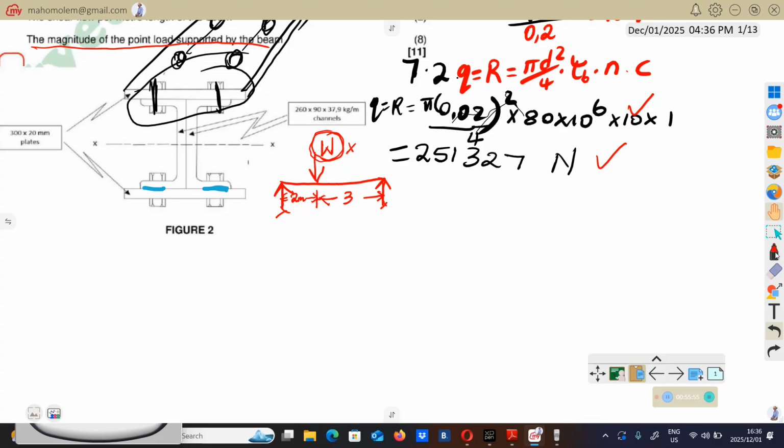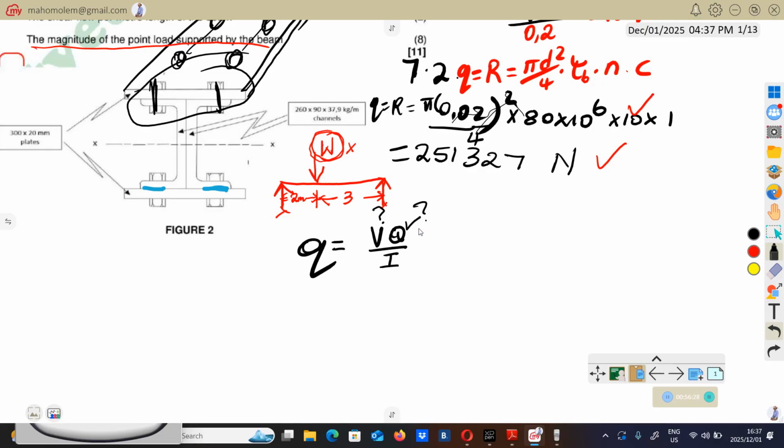Remember q equals VQ over I. So actually, let's find this one. Let's find this one. Then let's find this one.